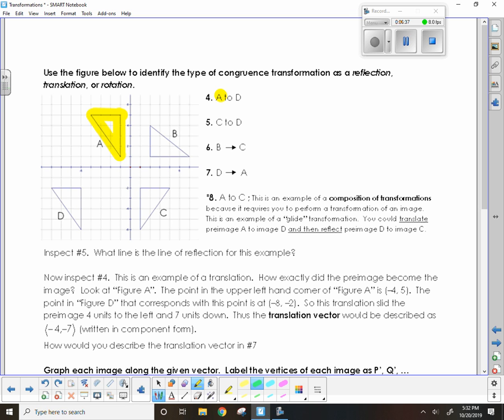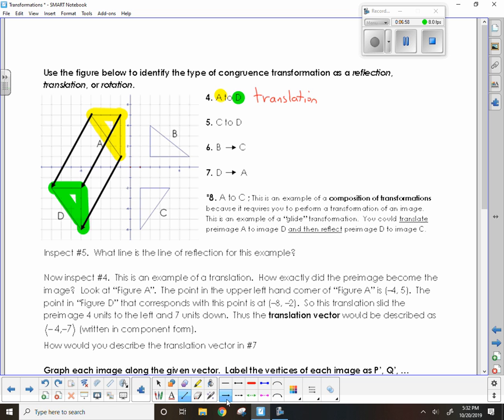And when we talk about D, we're talking about over here. And what I notice is that they are really being moved. All the points are moving, just sliding over the same direction. So this is going to be a translation.